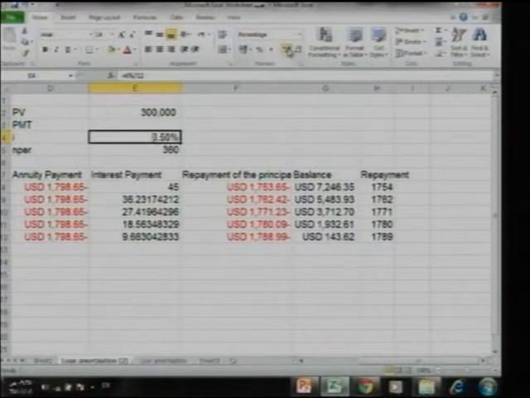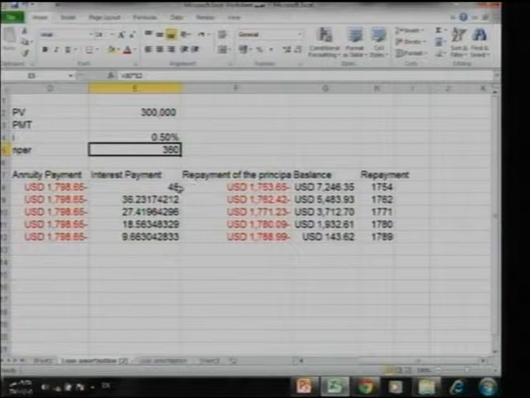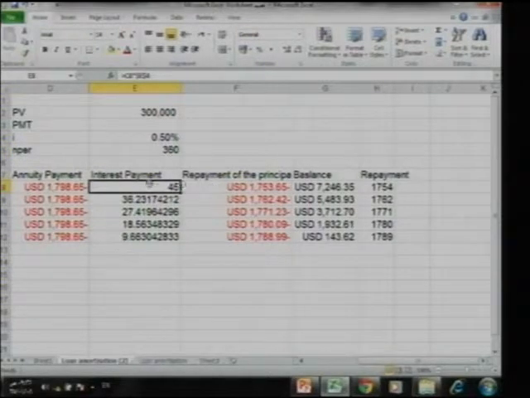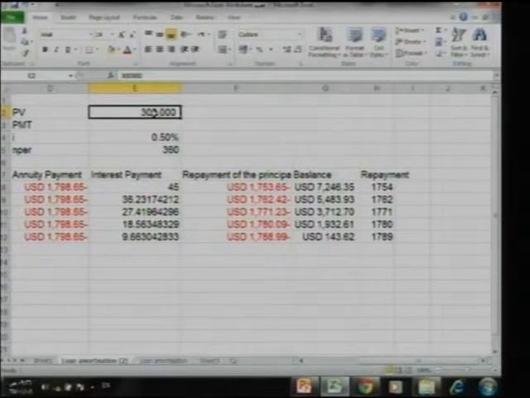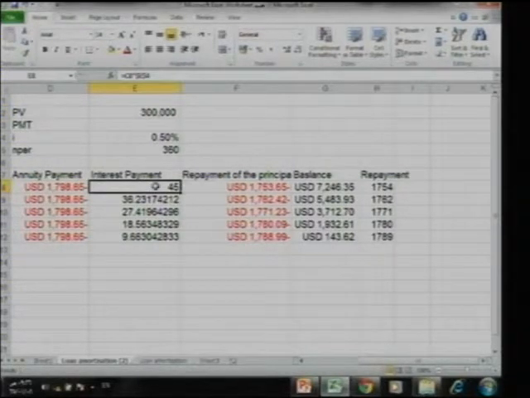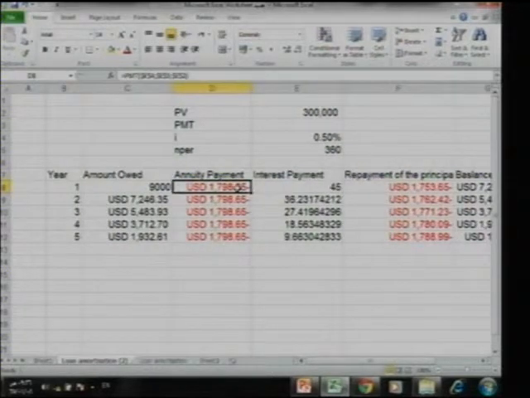No. See? But this is the Excel. Okay. Now, again, $300,000. We have $300,000 for 30 years for 12 months. So the payments, look at the annuity payments.